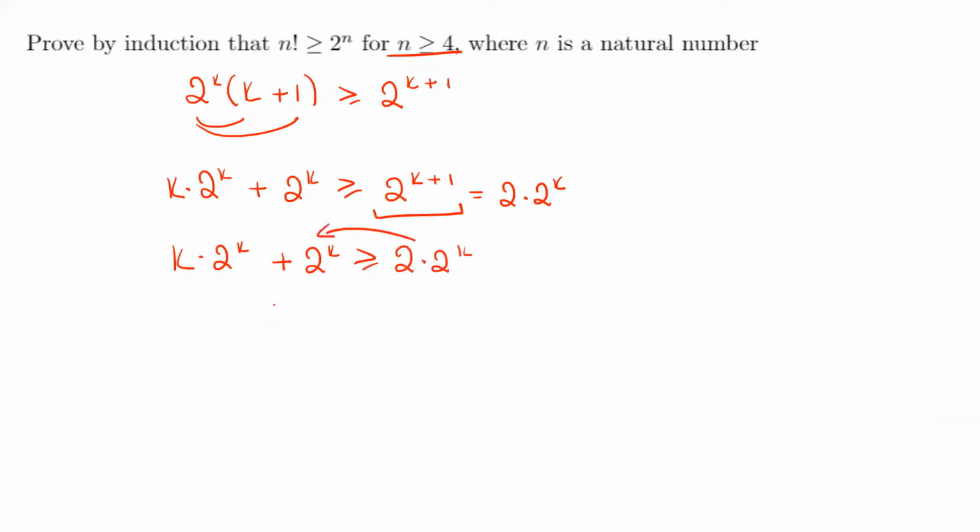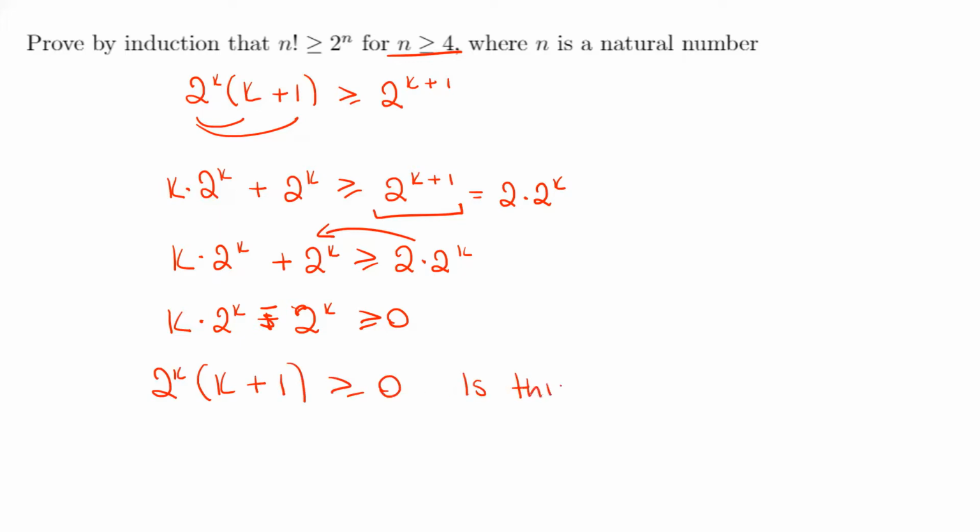And if I bring that over, we're going to get, sorry, minus, because it's 2 to the power of k minus 2 to the power of k, is greater than or equal to 0. And I can factor out 2 to the power of k there, so I'll get k minus 1 is greater than or equal to 0.